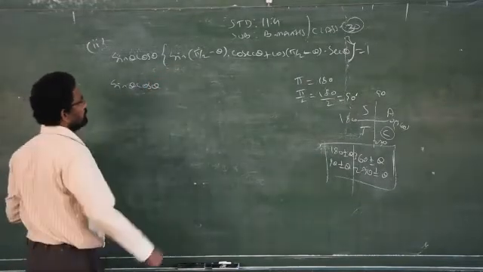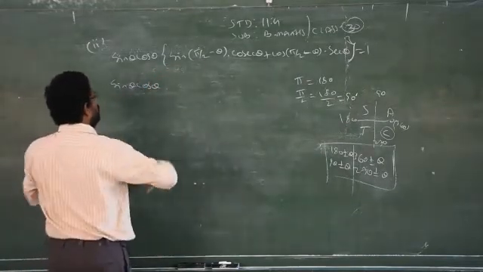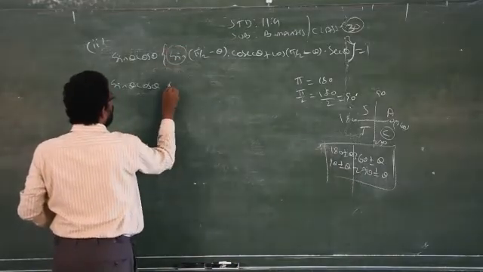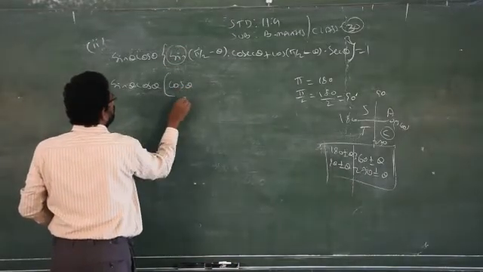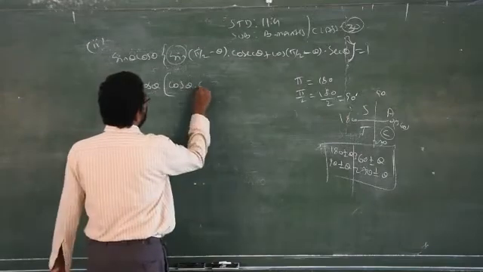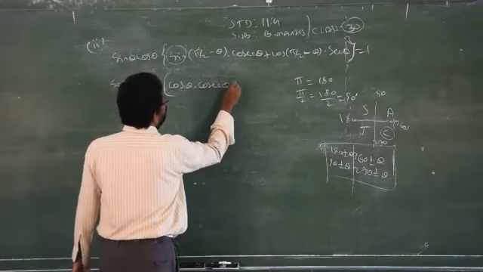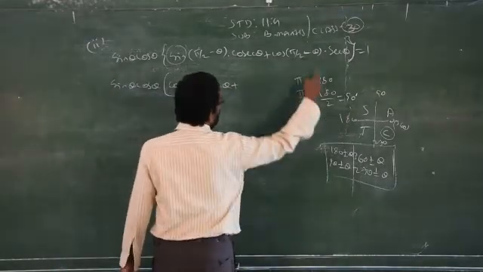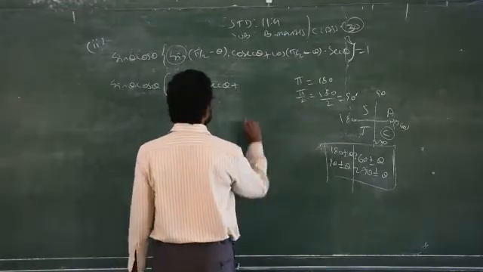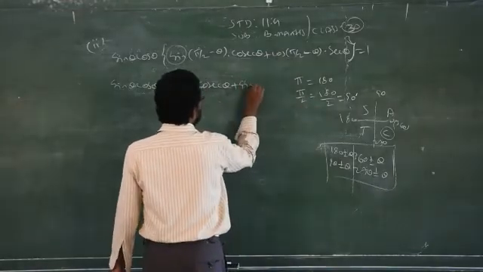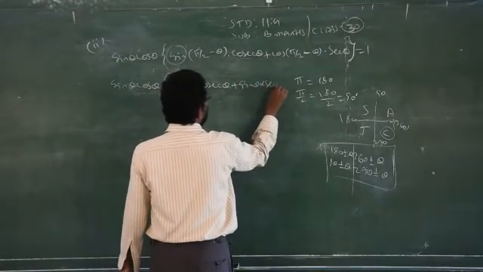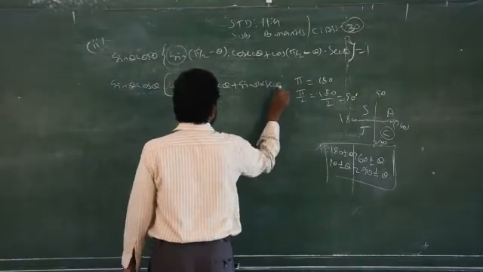Here no need to change any sign because it falls in the first quadrant, but sin will become cos theta into cosecant theta. Plus again cos(90 minus theta), first quadrant, all are positive, cos will now become sin theta into secant theta.